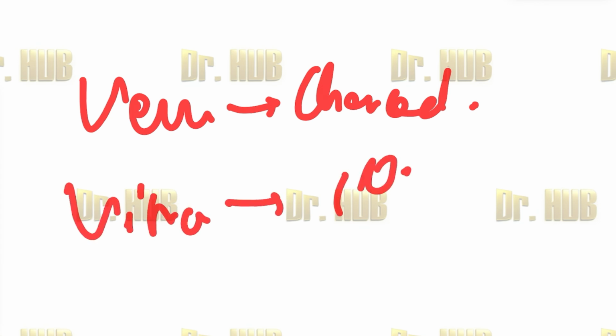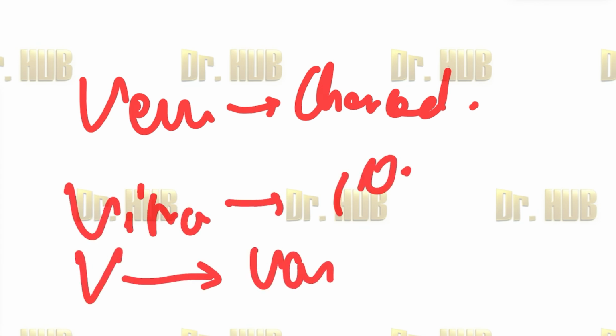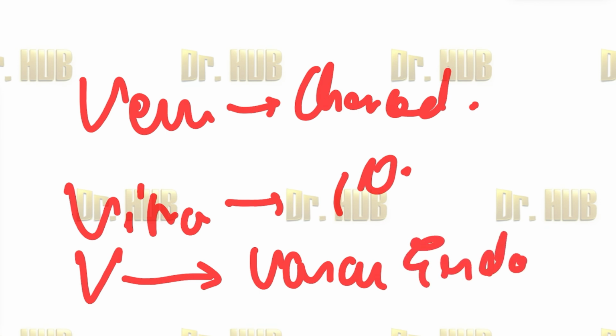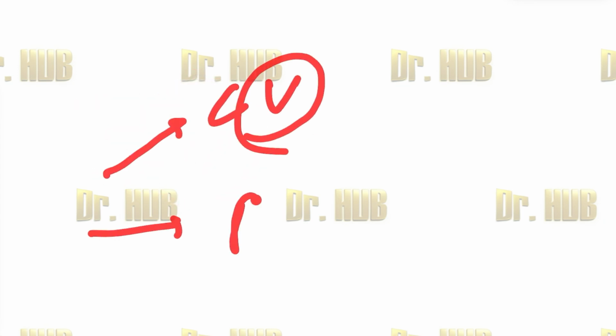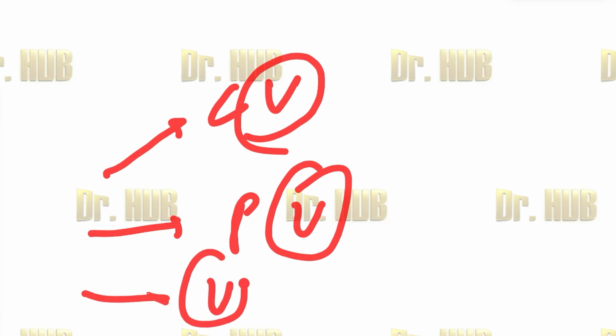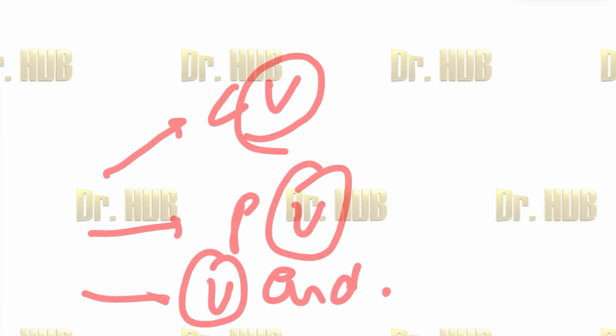The choroidal vessels. Other V is the vitreous. What vitreous? The primary vitreous. The third one is V for the vascular endothelium. So mesoderm contains 3 V's: the choroidal vessels, the primary vitreous, as well as the vascular endothelium.